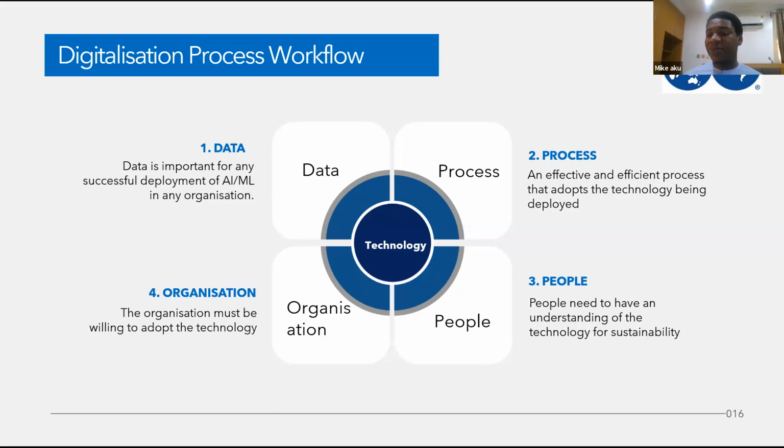So whatever process is in place, if the process is not accommodating your artificial intelligence system, that system is going to fail. So you need to look at what process we have in place. Think about a place where everybody has been told to use Microsoft Teams to collaborate, and then all of a sudden, anytime there's a meeting, people have to drive down from their homes to the office to meet physically. You wonder what's the essence of Microsoft Teams. So you need to have processes in place, because processes can actually help and drive things.